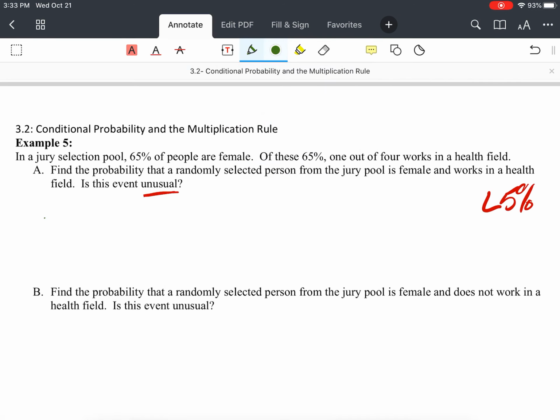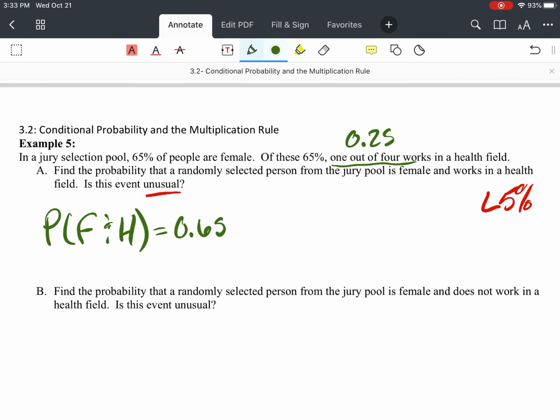Taking a look at this, we're looking at the probability that they are female and they work in the health field. The probability that they're female is 65% or 0.65. The probability that they work in the health field is 1 out of 4, which is 25% or 0.25.